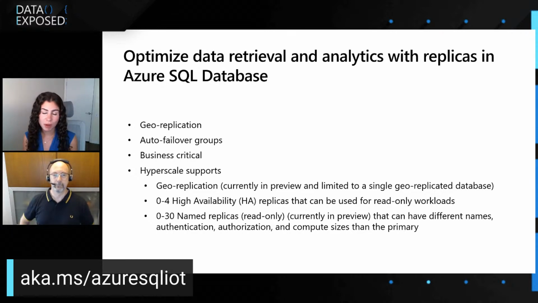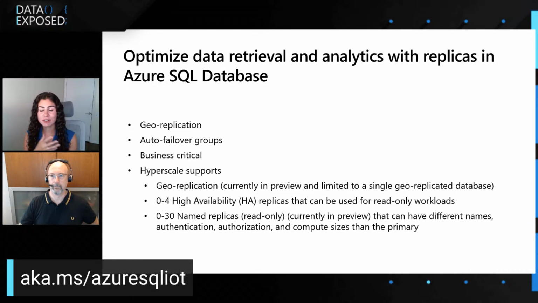These are used primarily for high availability, but you can use them to scale out your read workloads as well. And then what's really interesting, and this is kind of new, is this idea of named replicas, where you can essentially have a replica with a different name, different authentication. It can have a different compute size.